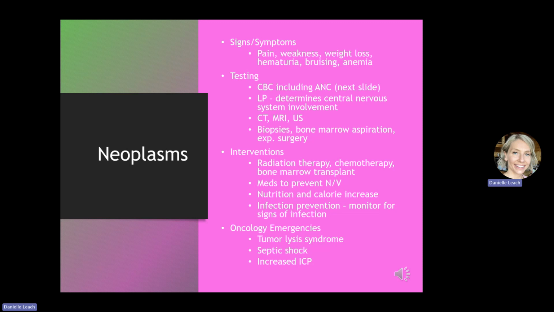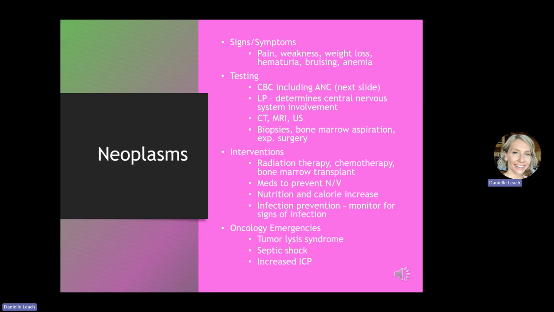So as we know, if things like your potassium and calcium get really high, it can cause a lot of problems. So things like seizures, dysrhythmias, intense muscle cramps, nausea and vomiting, kidney problems, altered level of consciousness. So something to look out for if the patient is getting something like radiation therapy or chemotherapy.